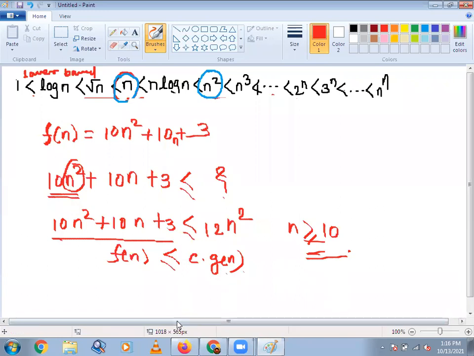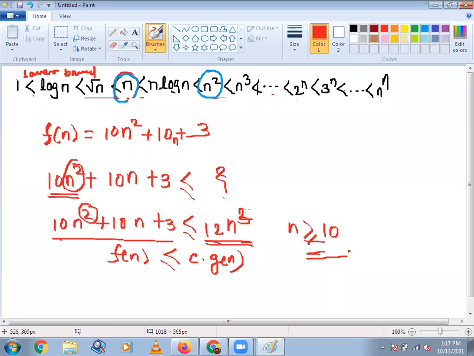Whatever the power of this variable, the maximum index of this variable is the same here for the lowest. If instead of n square, here 12 n square, you have taken n cube, it is also true.